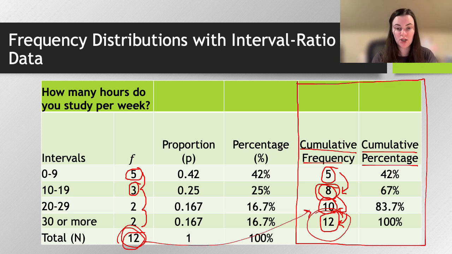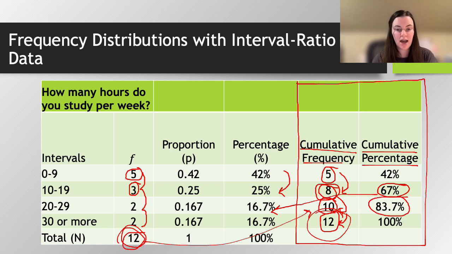Lastly, cumulative percentage is the exact same idea as cumulative frequency, except we're adding together our percentages as we go along. So 42% plus 25% gives us a total of 67%. If I take 67% and add it to 16.7%, I get a total of 83.7%.